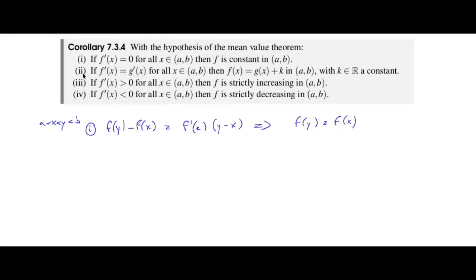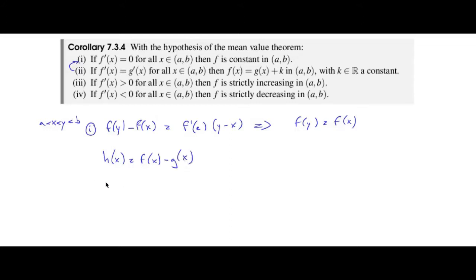Now, the second application is that if the derivative of f and the derivative of g are the same in a whole interval, then these functions will be the same but separated by a constant in the interval. You just need to apply the first part to a function, let's call it h, which is f minus g.